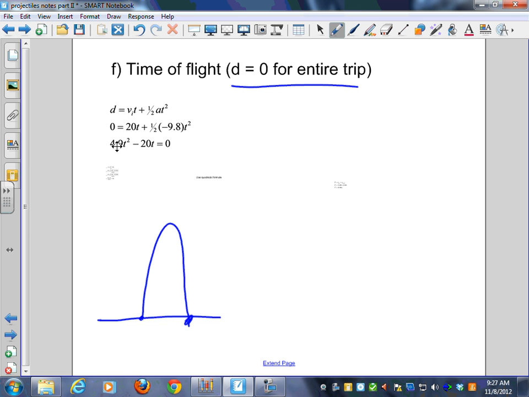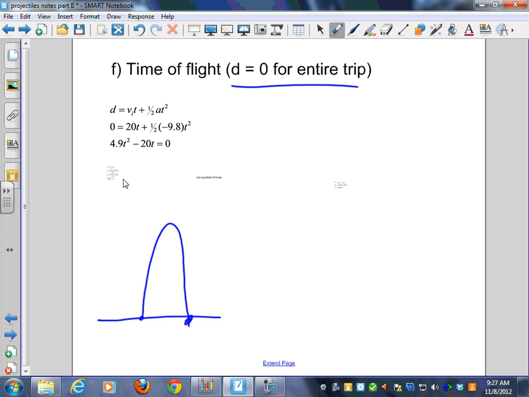It's a binomial. It doesn't have a c value, right? So I can factor out a t, and that's going to give me t is equal to 0. Of course the displacement is 0 and time is equal to 0. It's just sitting there, on the ground. It hasn't moved. The other t is going to be when it goes up and then goes down.